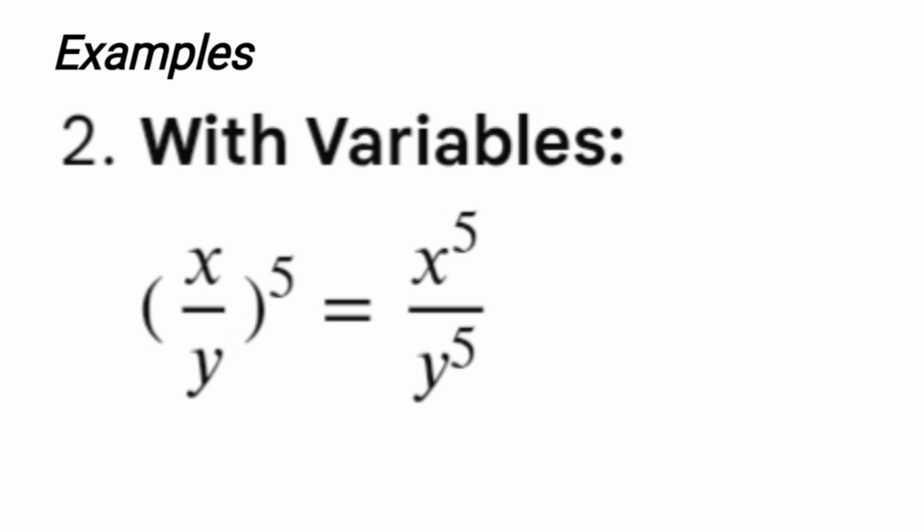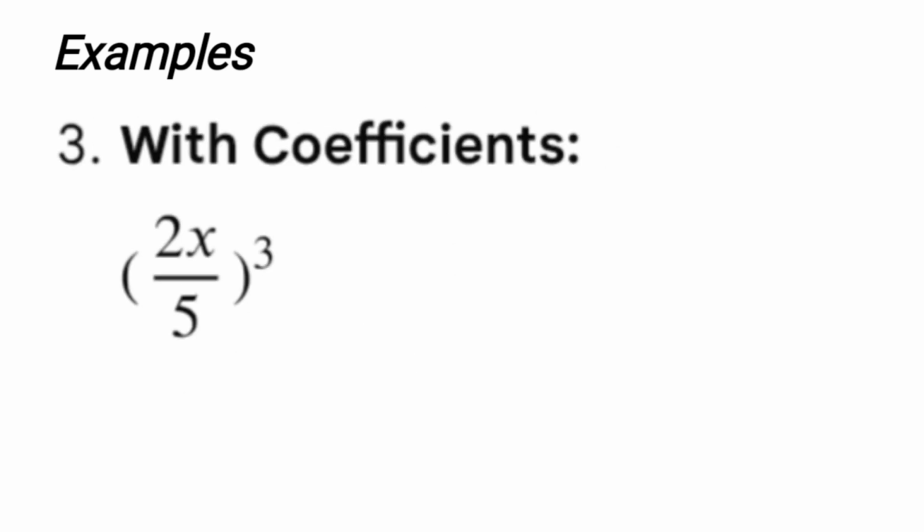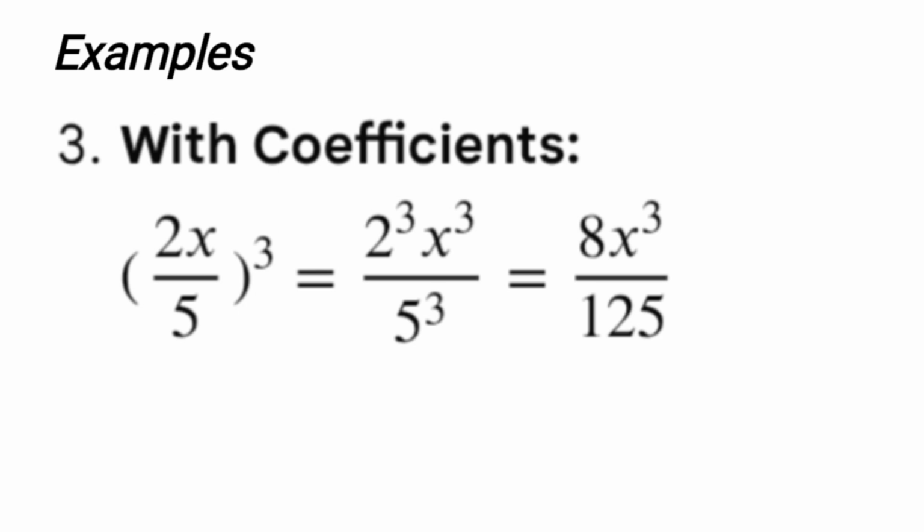And then with coefficients, we have 2x over 5 raised to the power 3, or cube. You raise 2, x, and 5, so we have 2 cube x cube over 5 cube. 2 cube is 8 and 5 cube is 125, so we have 8x cube over 125.